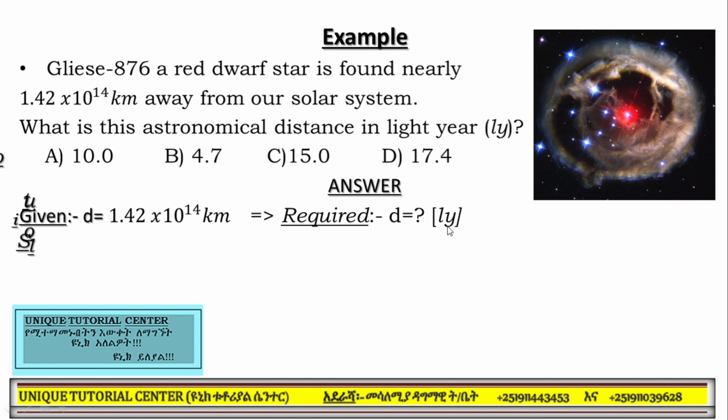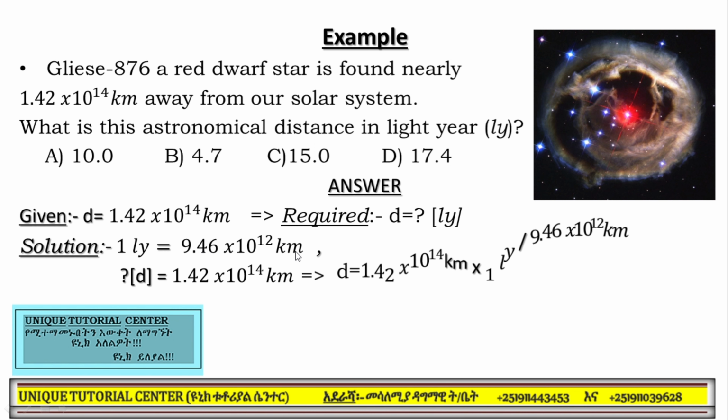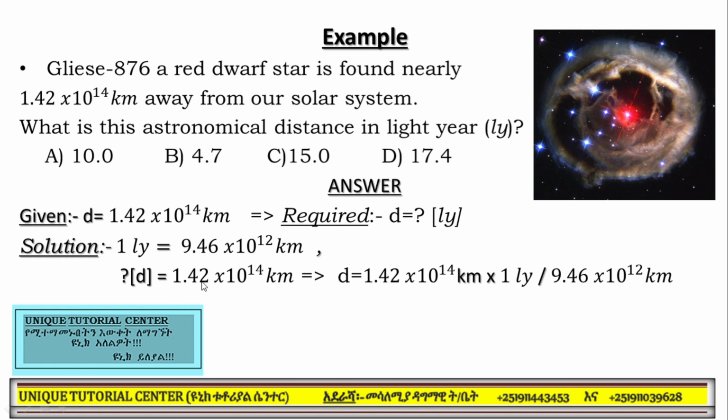And the solution will be, we know that 1 light year is 9.46 times 10 to the power of 12, or trillion, kilometers. So what will be the same distance, which is 1.42 times 10 to the power of 14 kilometers, in light years?